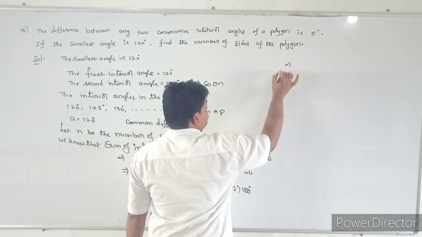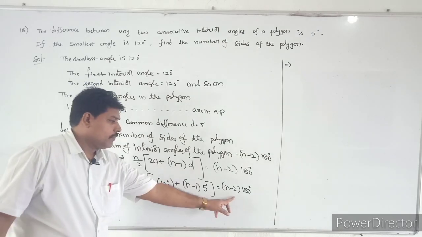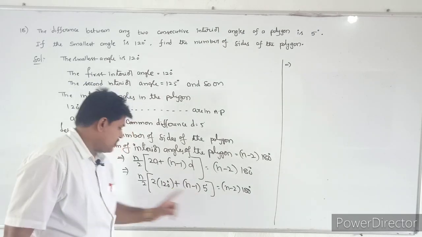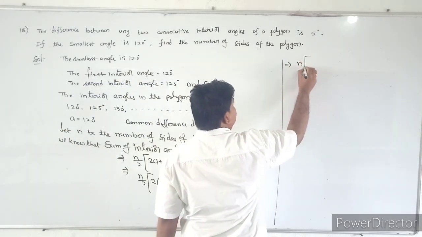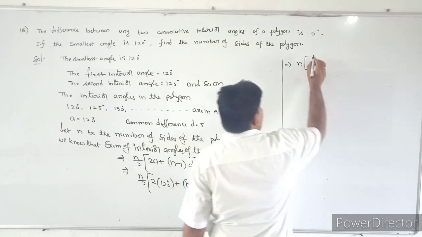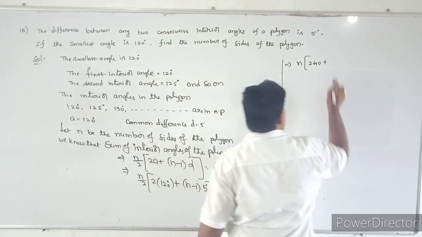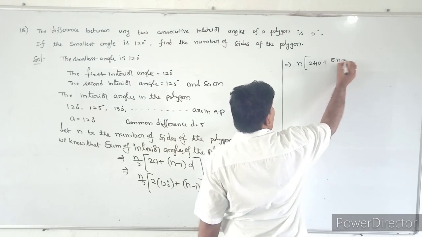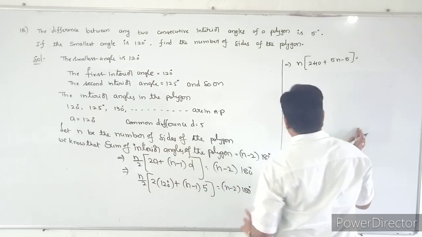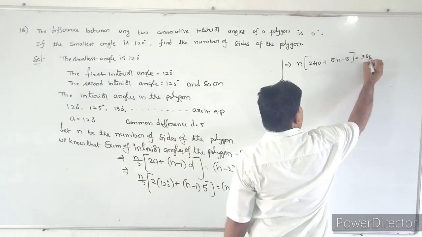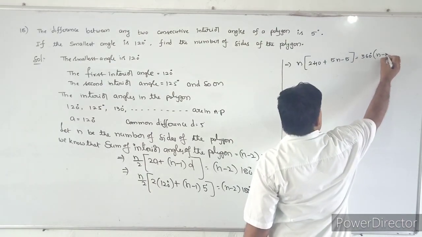So that implies, take this 2 to that side, 2 into 180, it will become 360, and the remaining value you can recognize n into 240 plus, take this 5 inside, 5n minus 5, that is equal to 360 into (n minus 2).